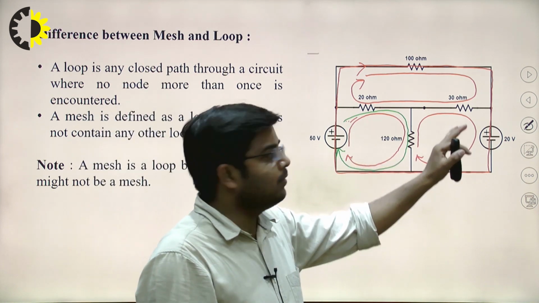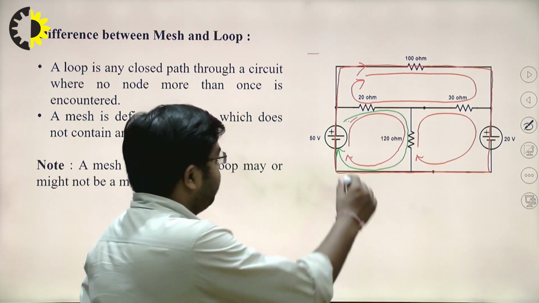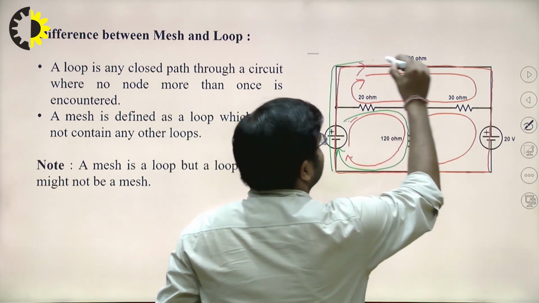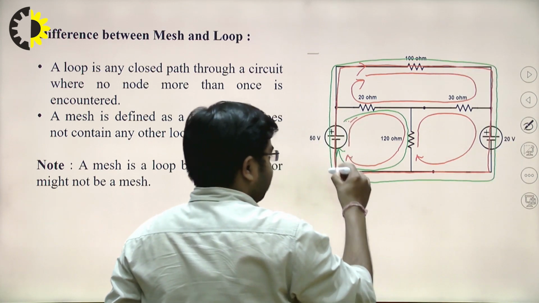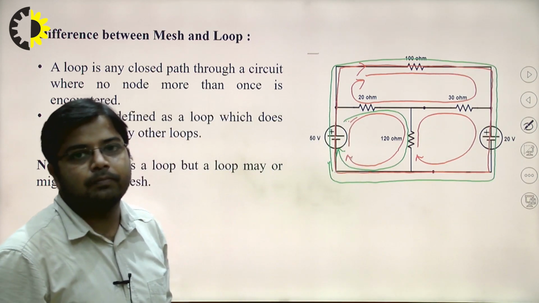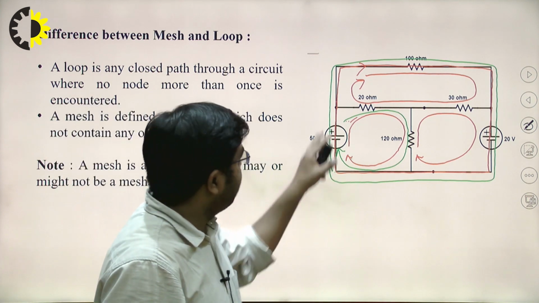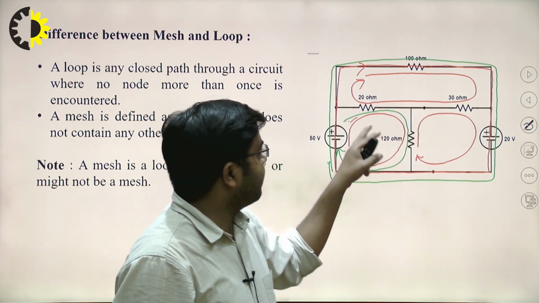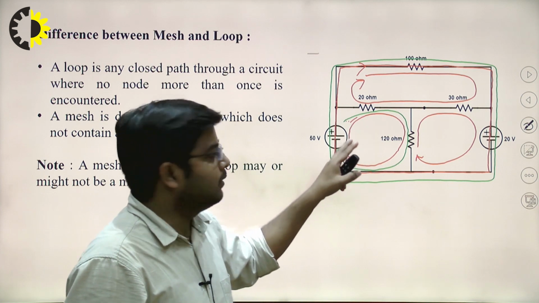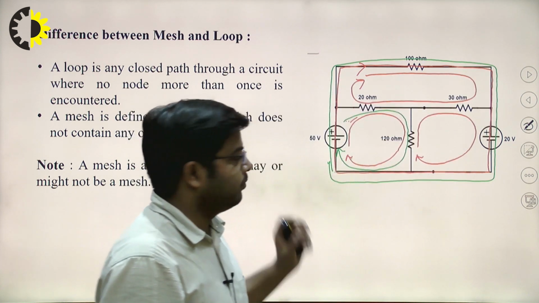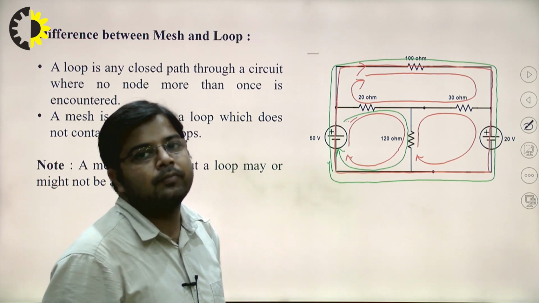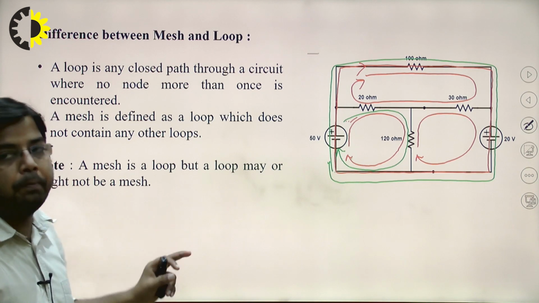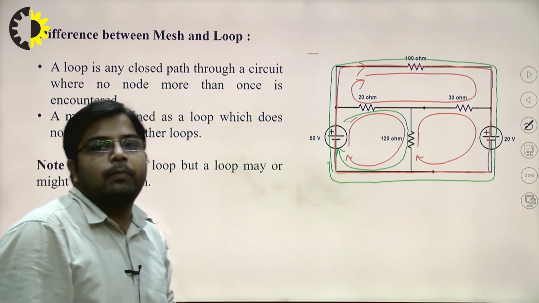Similarly, this loop is a mesh and this loop is a mesh, but this bigger one is not a mesh because this outer loop contains 3 loops. That's why this is not a mesh. So in this given network there are 3 meshes. A mesh is a loop, but a loop may or may not be a mesh.